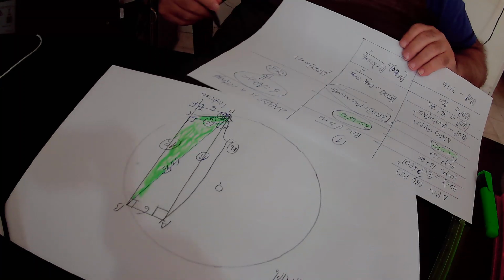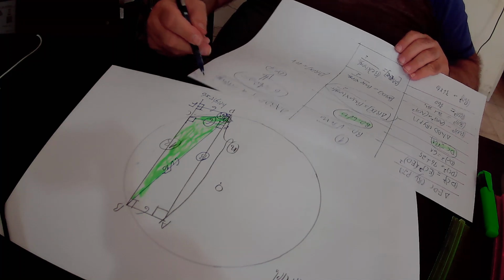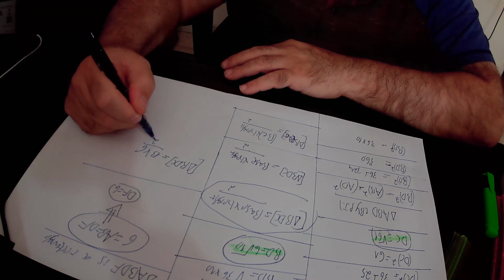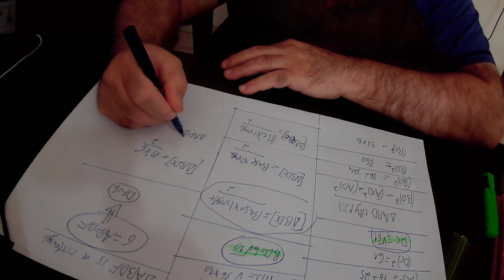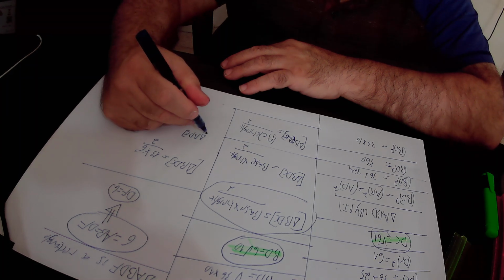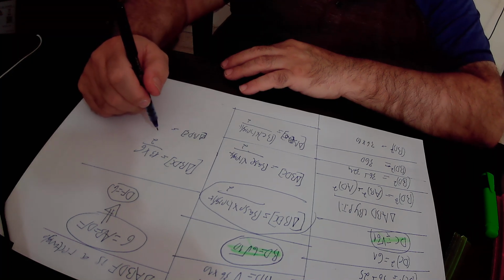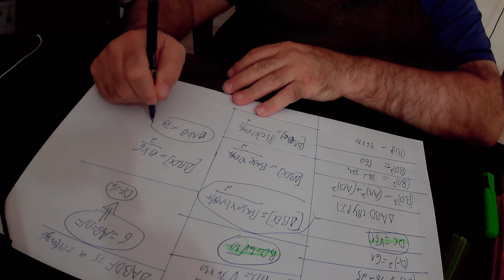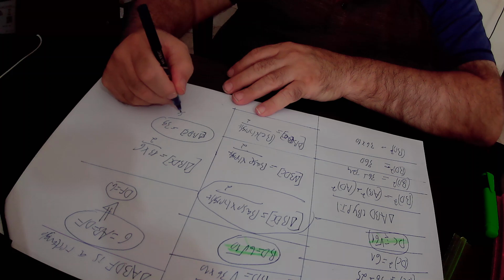We just found out that the height to the base, DF, equals 6 units, so we substitute the height by 6 over 2. So the area of triangle BDC is equal to 6 over 2 is 3, and 3 times 13 is 39. So we found out that the area of the green triangle BDC equals 39 square units.